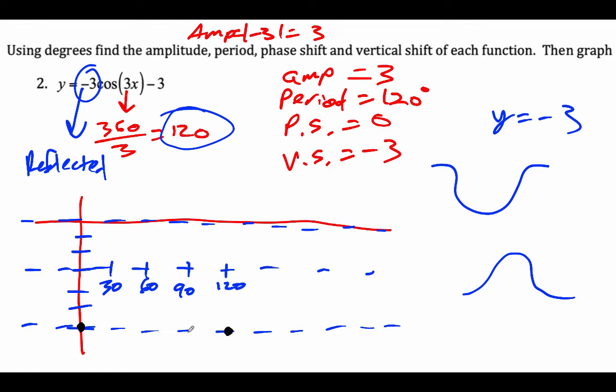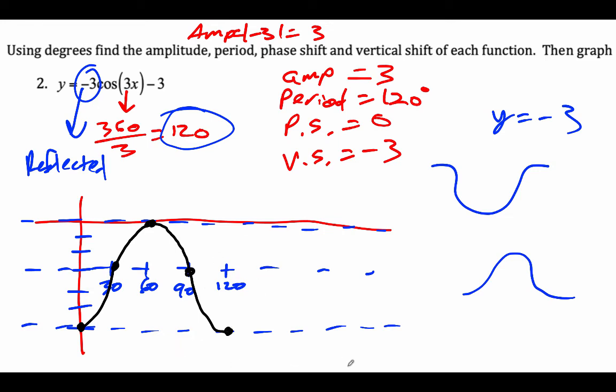Halfway in between, we're going to be here, and then I'm going to go through here, and we go up, and we round it out, and we come down, and there you go. We got her.